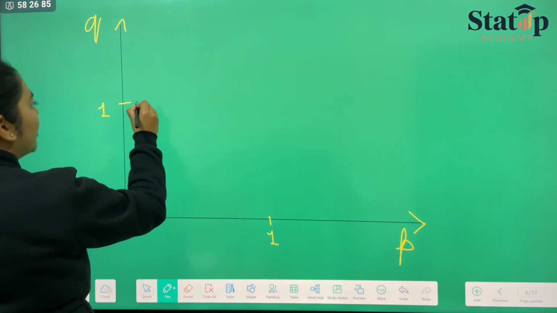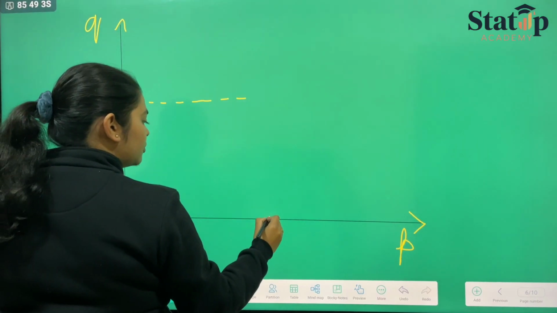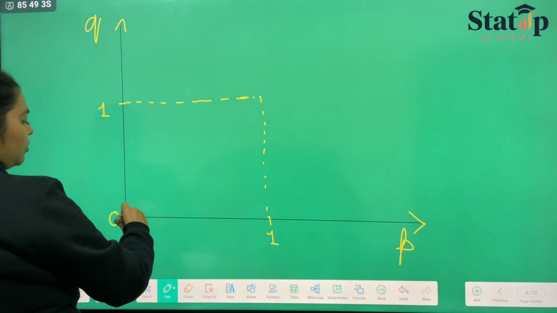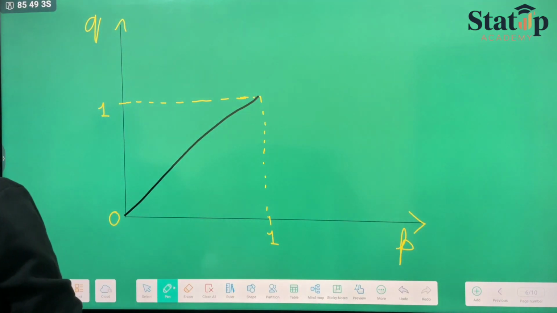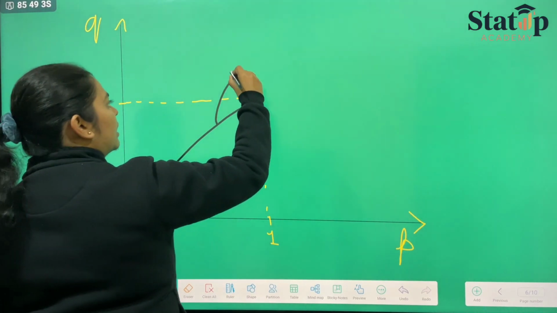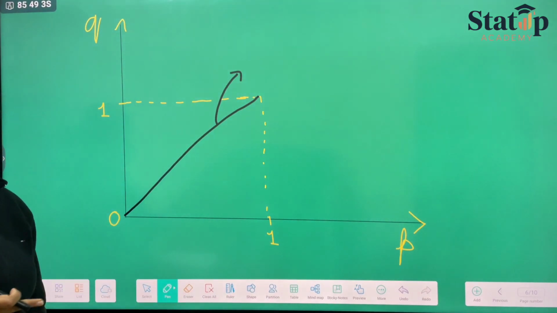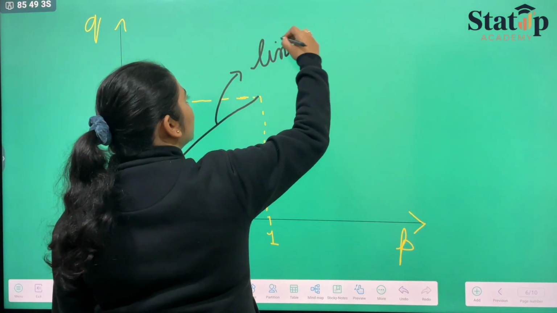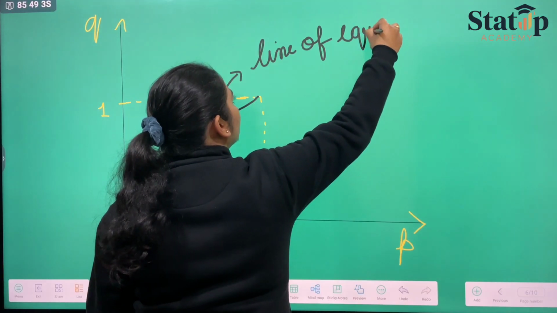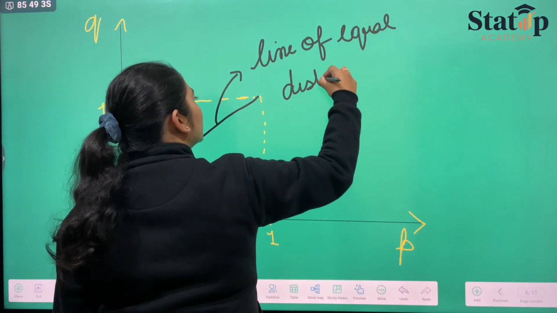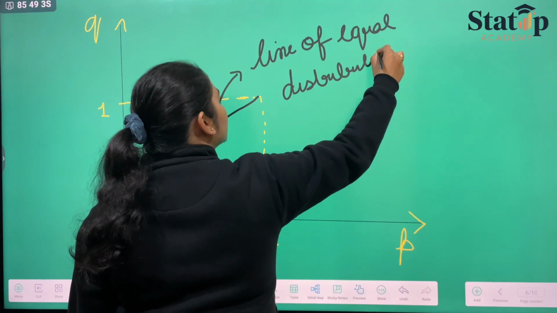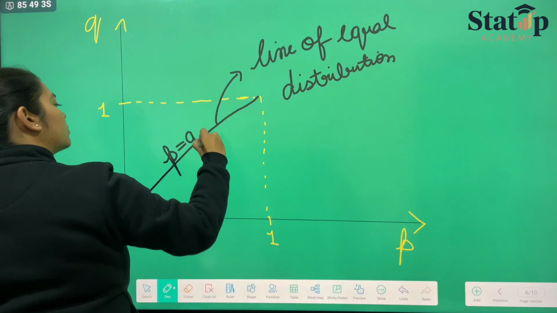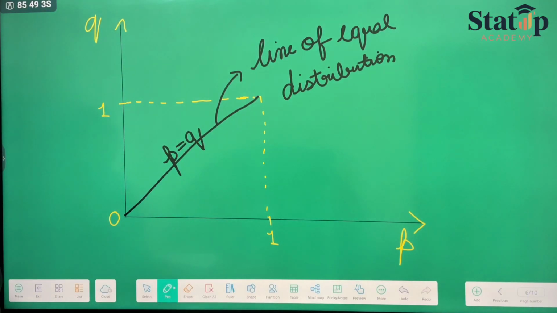When we draw a graph of equal individuals, then our graph would look like this, where this is the graph of equal frequency, or we can say the line of equal distribution, where P is equal to Q. This is the line of equal distribution.